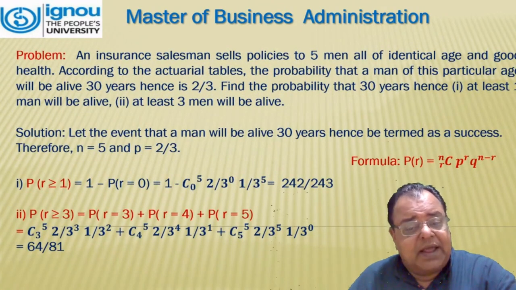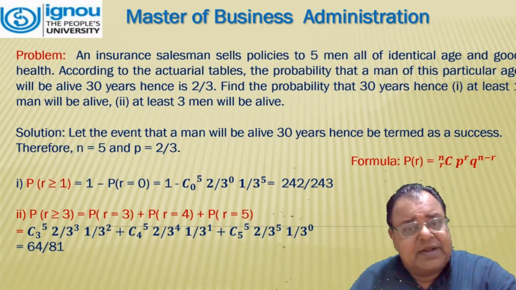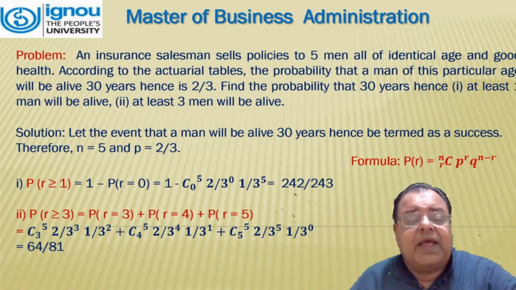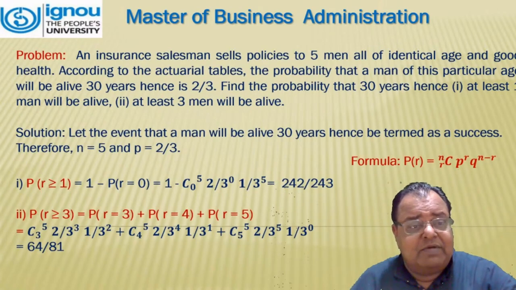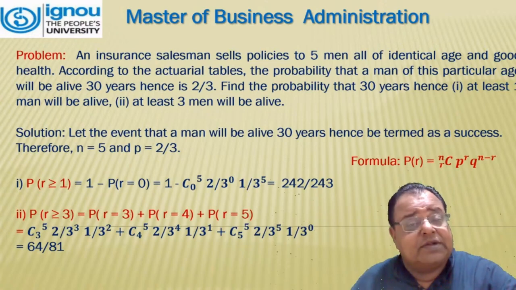Now, this is again a problem related to probability. An insurance salesman sells policies to five men, all of identical age and good health. According to the actuarial tables, the probability that a man of this particular age will be alive 30 years hence is 2 by 3.